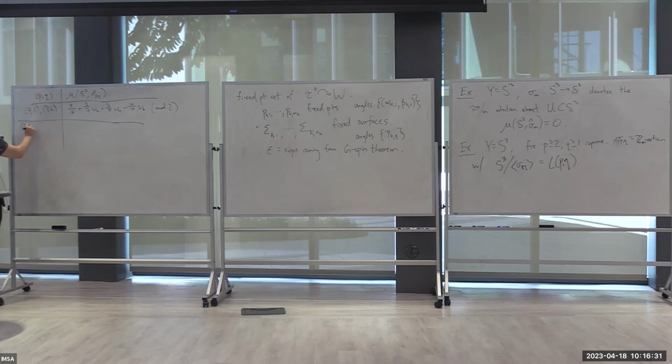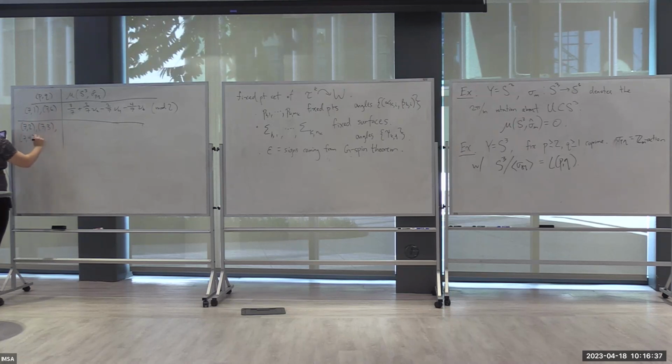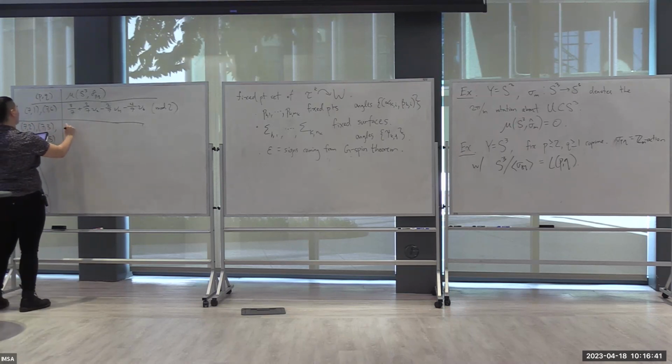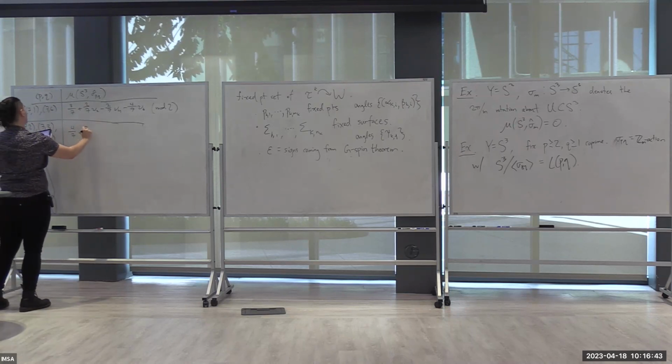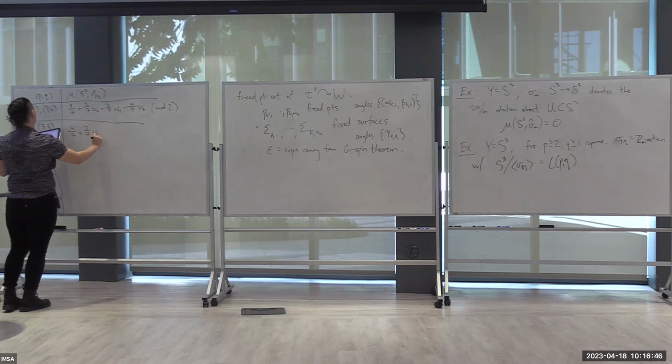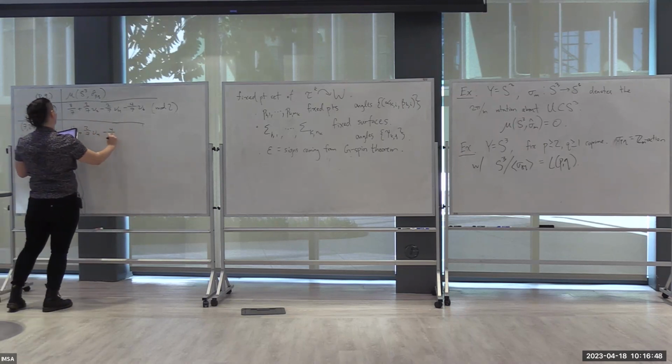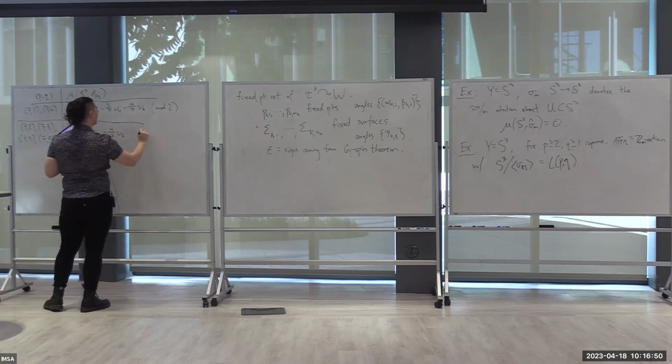And then for 7-2, 7-3, 7-4, and 7-5, it's equal to 4 sevenths plus 2 sevenths mu4 minus 4 sevenths mu6.